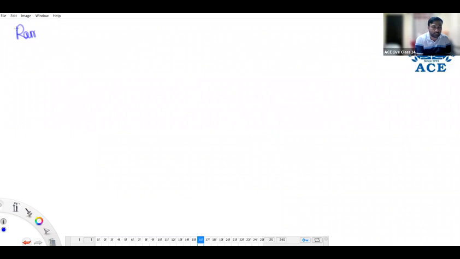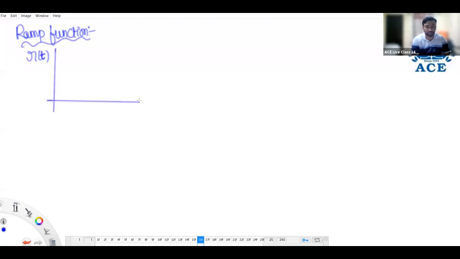Next, we are taking the ramp function. Ramp signal r of t is a simple straight line. The best practical example of a ramp signal is the daily stock market.